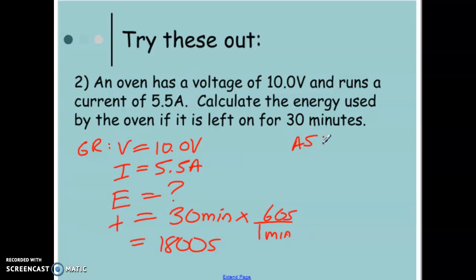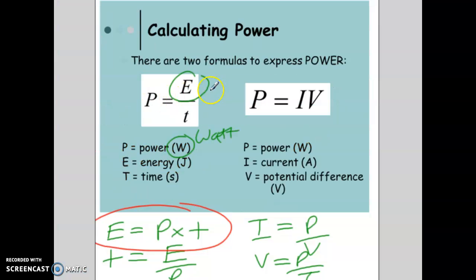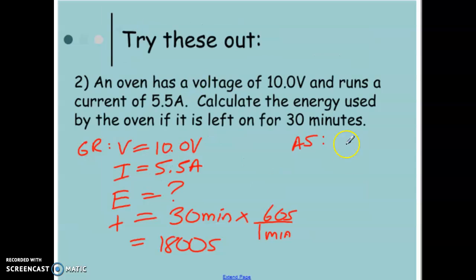Okay, so we're going to have to do a few different things here. So let's recap. So we want to solve for energy. So E is equal to P times time, right? So we have time, we don't have power yet, but power is equal to I times V, and we have that information.